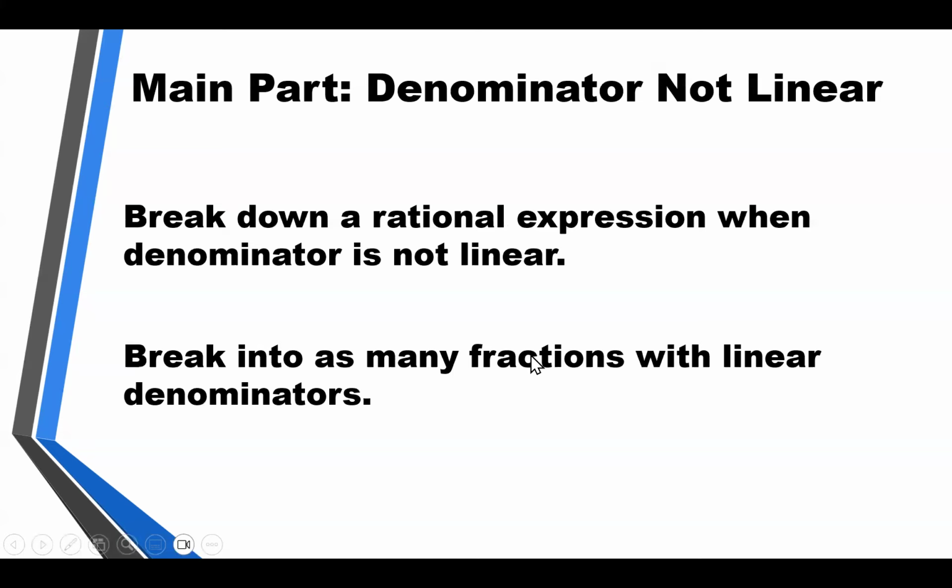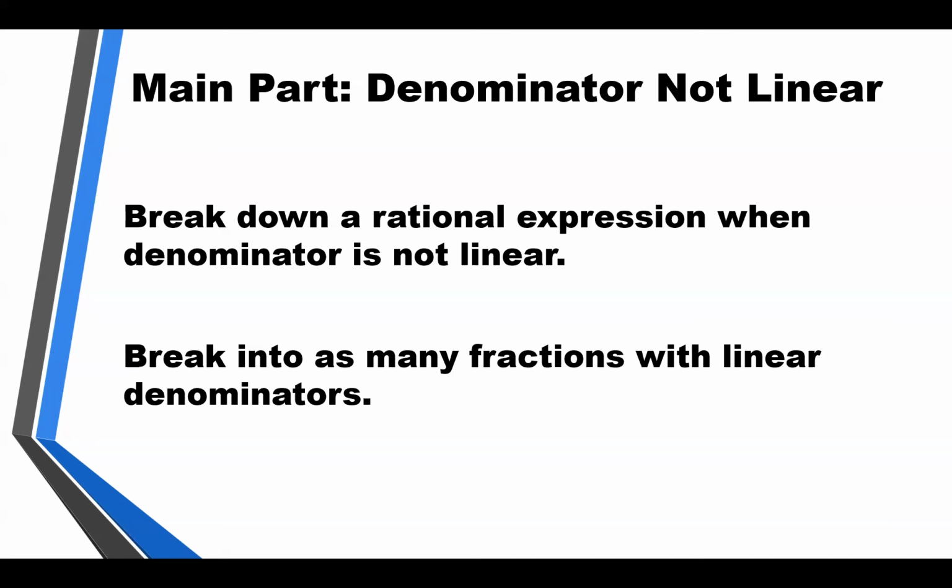Now, when our denominator is linear, then we use natural log. We integrate 1 over u. We get natural log of u. But what happens when our denominator is not linear? Well, when our denominator is not linear, we're going to use another algebraic tool, and this is the algebraic tool of partial fractions.